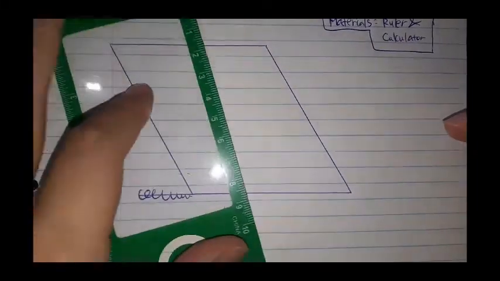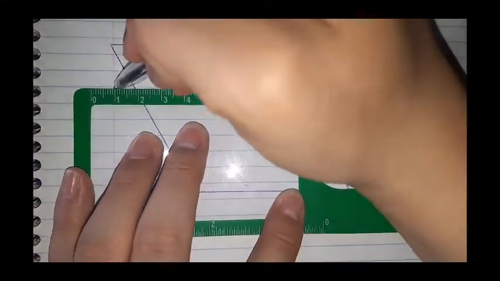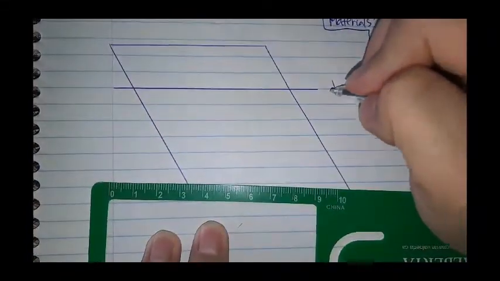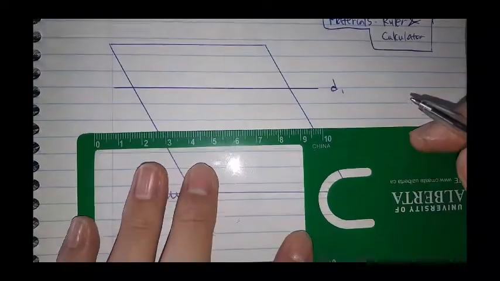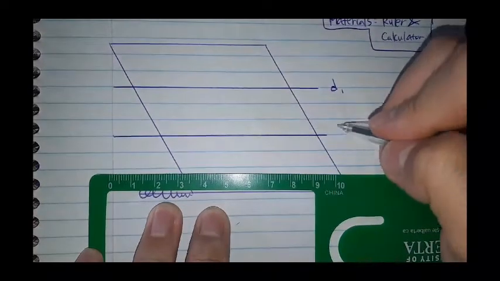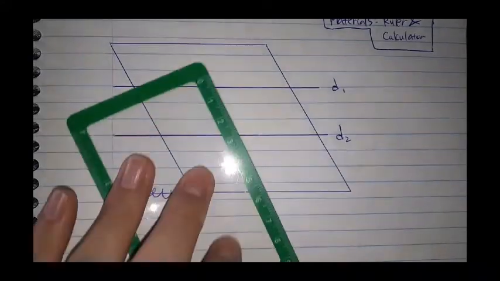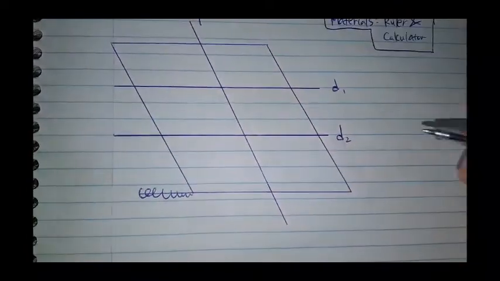I want you to draw two lines, one I'm going to call D1 and the other D2. And then I want you to draw a transversal line segment.